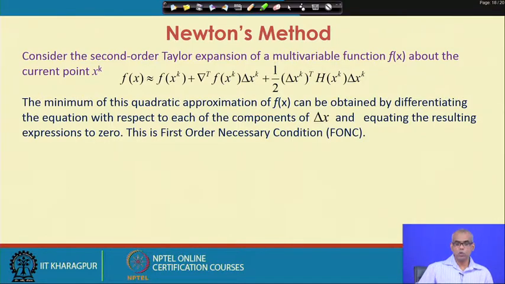Now, the minimum of this quadratic approximation of f x can be obtained by differentiating the equation with respect to each of the components of del x and equating the resulting expression to 0. Note that this is the first order necessary condition. So, basically what we are saying is that we can take del f del x equal to 0.